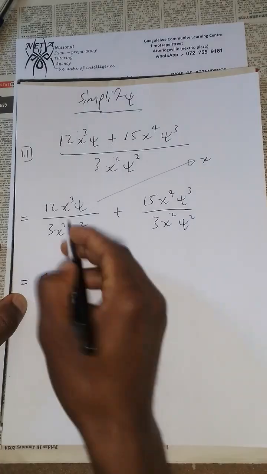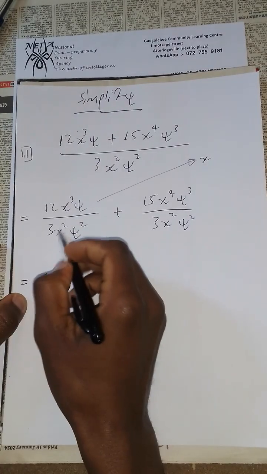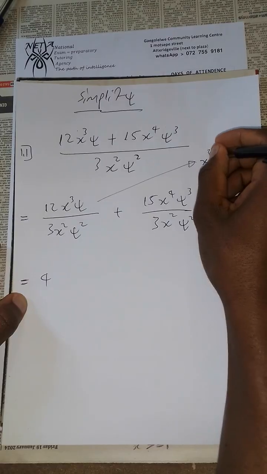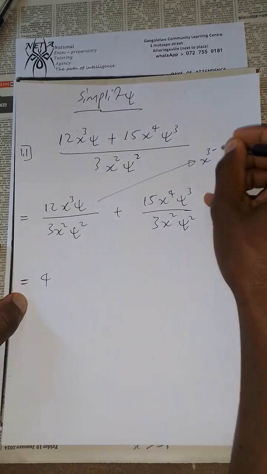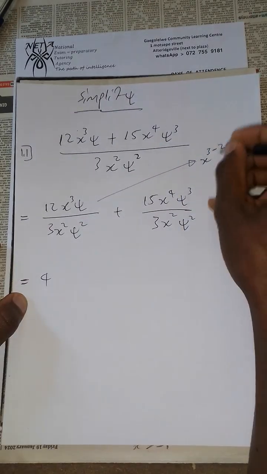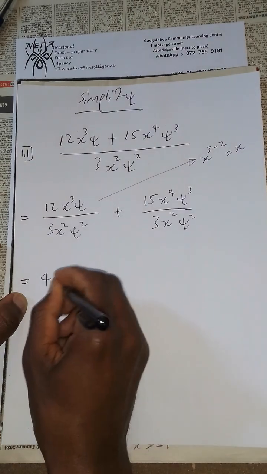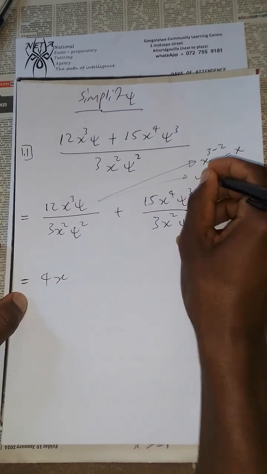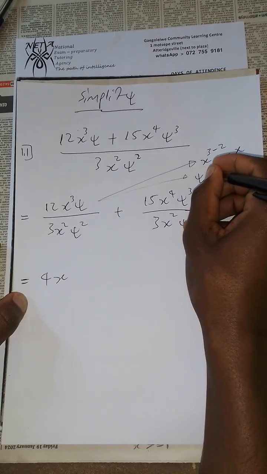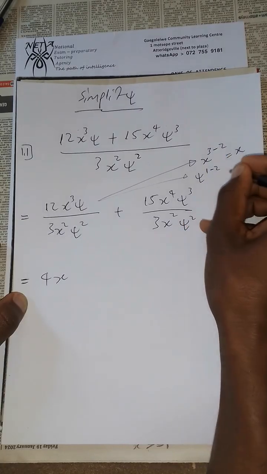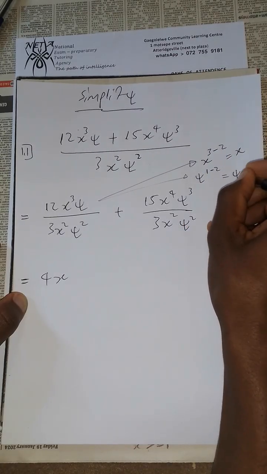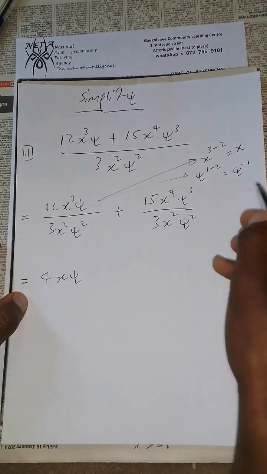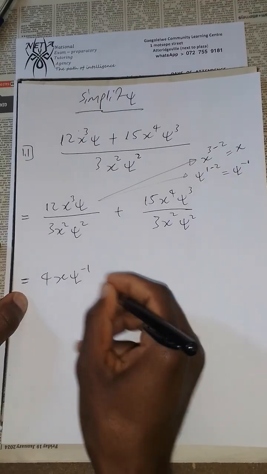Our base is x, so x and x are the same base. We subtract the exponent of the denominator from the exponent of the numerator, and we get x. The same thing happens with our y. We subtract the exponent of the denominator from the exponent of the numerator, and then we get y to the power of negative 1, because it's 1 minus 2, which is negative 1.